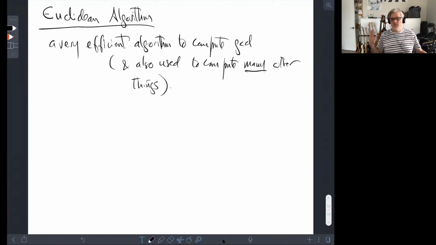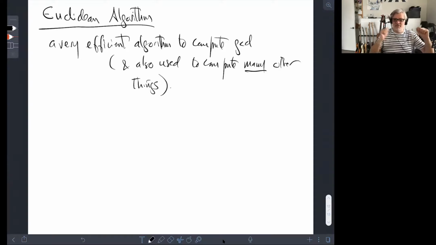It's remarkable, it's just so darned clever. It's been around for dozens of centuries, and it's still so cool. And it's super simple. It's based on the following observation.